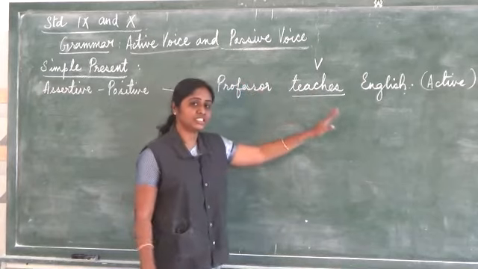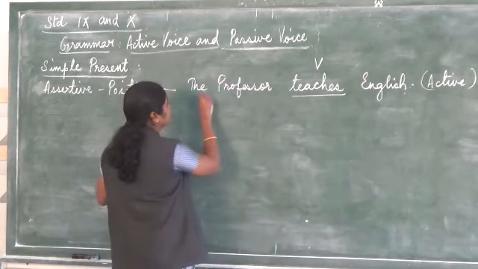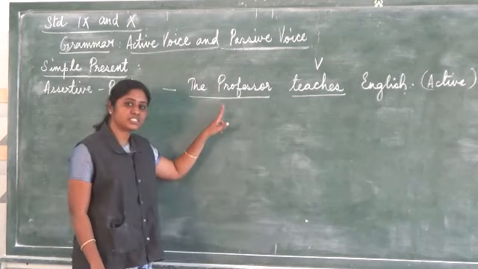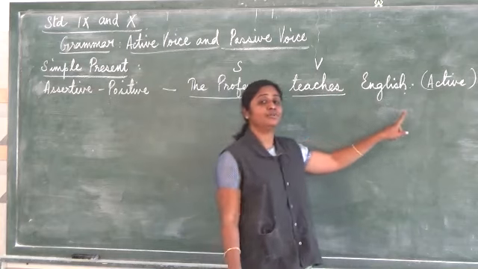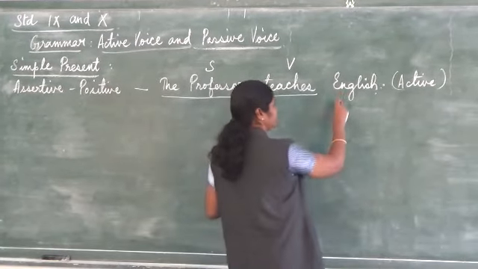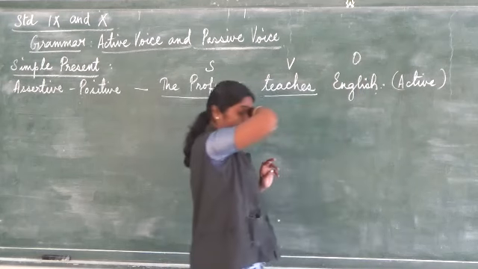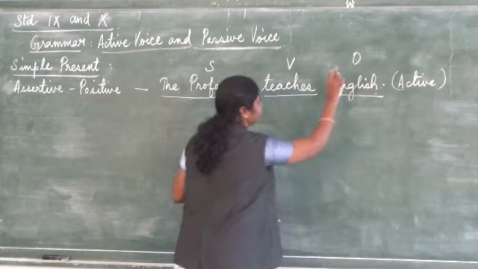Who is teaching? The professor is teaching, so we name the professor as subject. And what is the professor teaching? English. Work is done to this noun, so we name this noun as object.